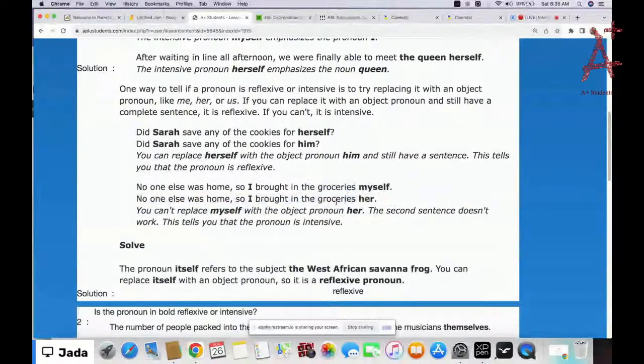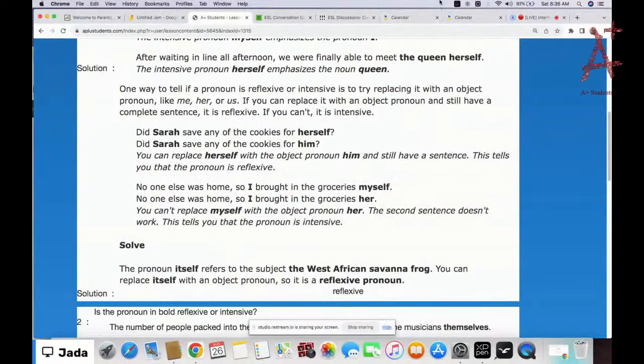If no one was at home, but you brought the groceries for her. This tells you that the pronoun is intensive. On the other hand, with reflexive, when you switch it with an object pronoun, it works. But whenever you switch it and the sentence doesn't work, then you know that it is intensive.